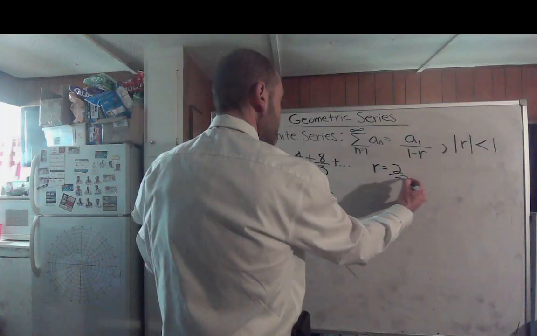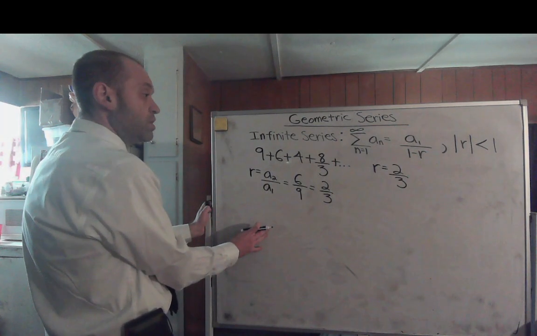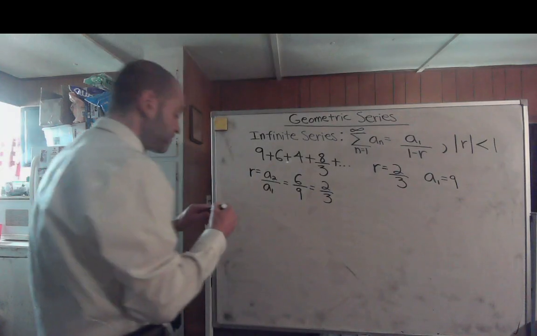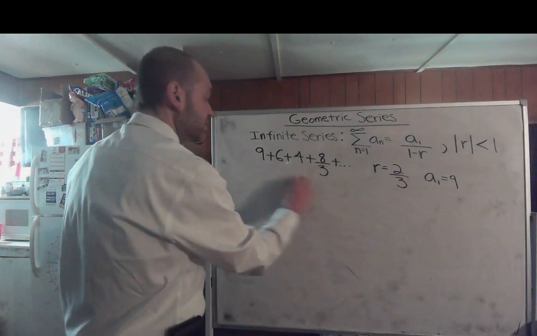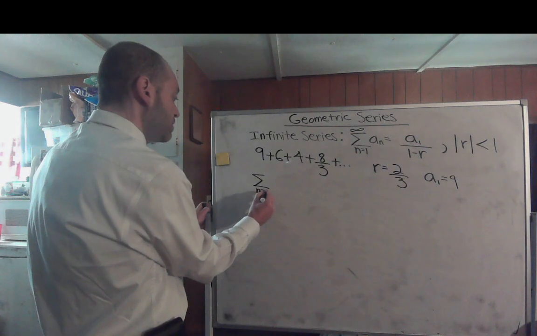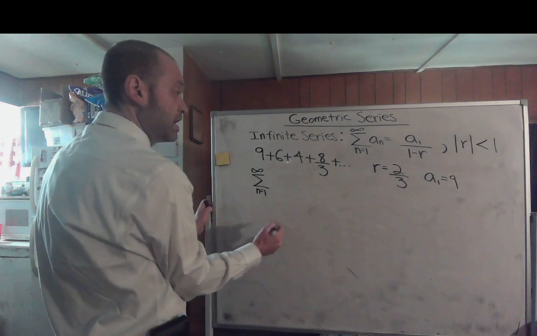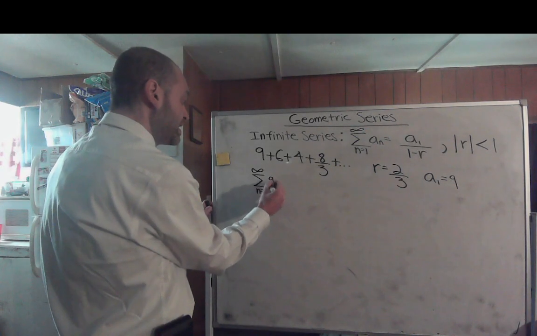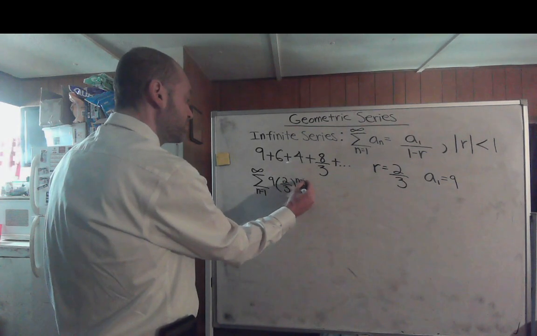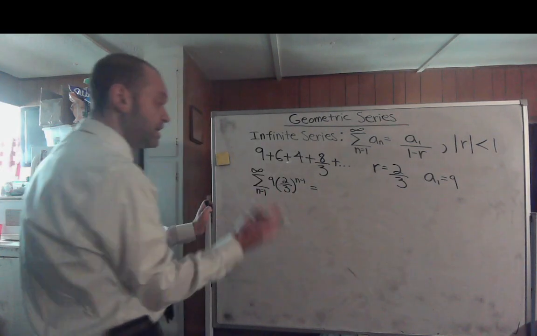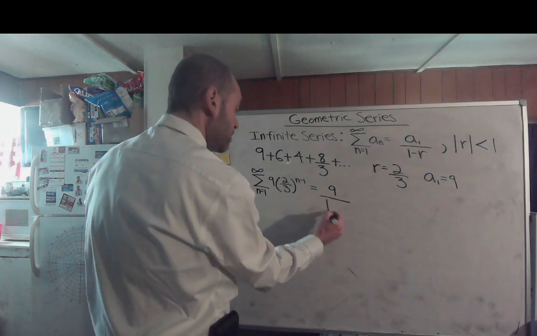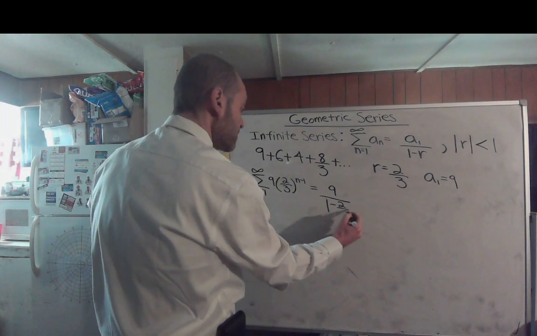So the common ratio is 2/3. Now, our first term is 9. That's our a sub 1. That equals 9. So now we have an ability to take the sum. So the sum from n equals 1 to infinity of our a sub n, which would be 9, our a sub 1, times our common ratio of 2/3 to the n minus 1 power, is going to equal our a sub 1, which is 9, all over 1 minus our common ratio of 2/3.